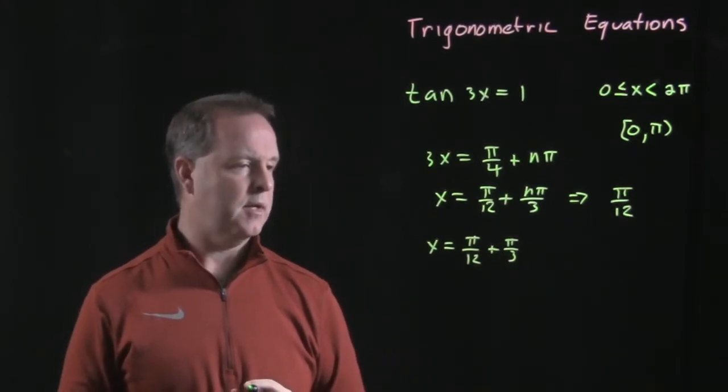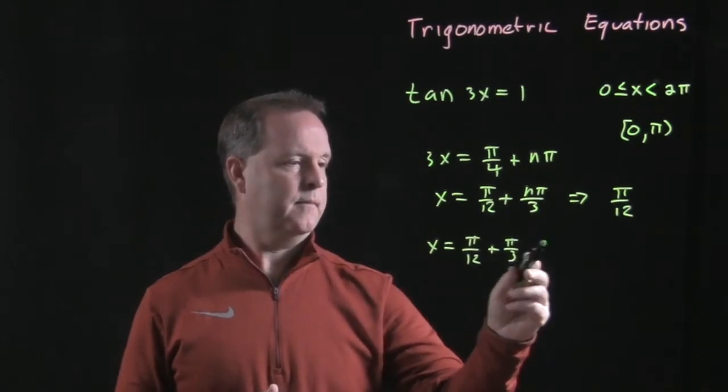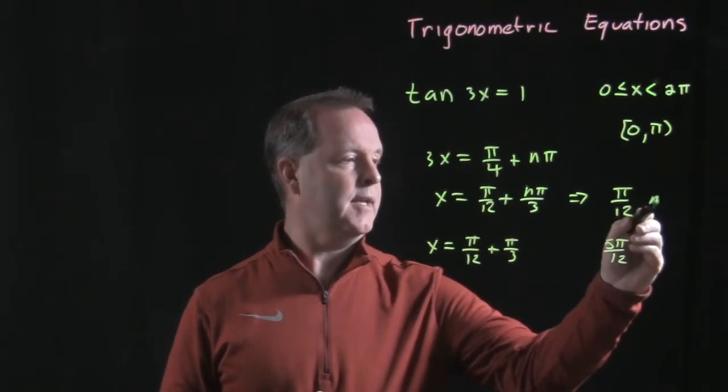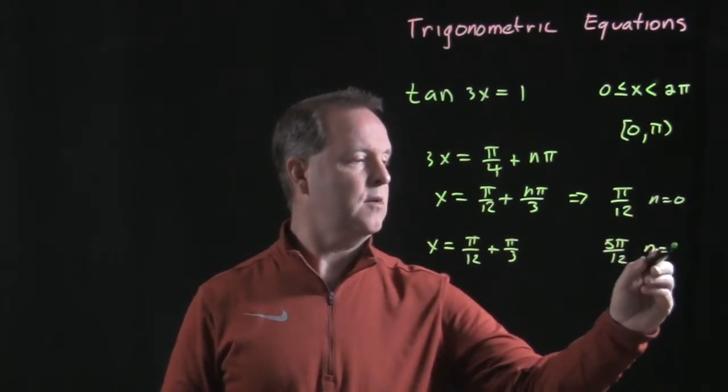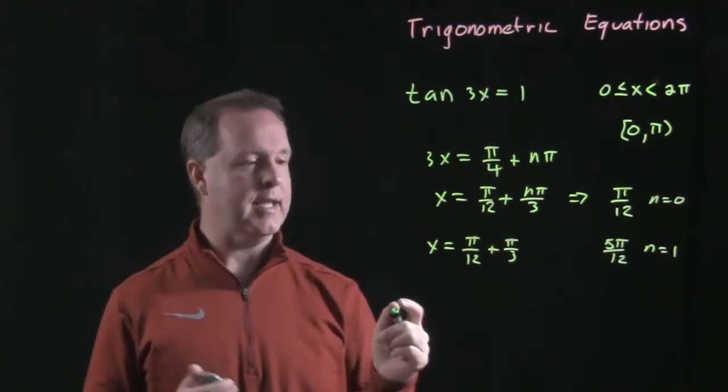Solving that to get common denominators, that's pi twelfths plus 4 twelfths pi, and that equals 5 pi twelfths. That's at n equals 1. This value is between 0 and 2 pi, so I can keep looking.